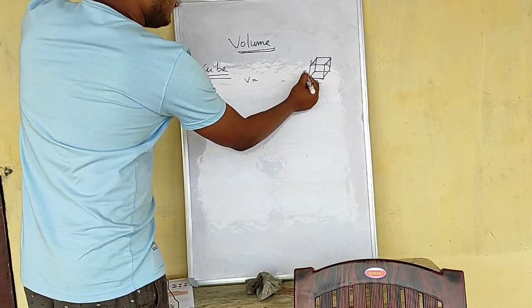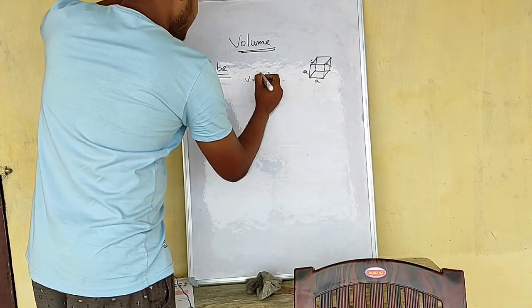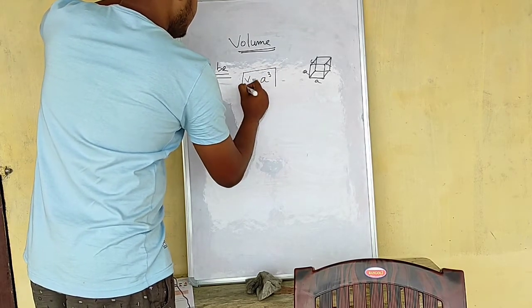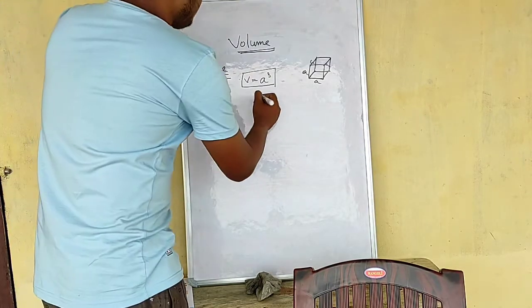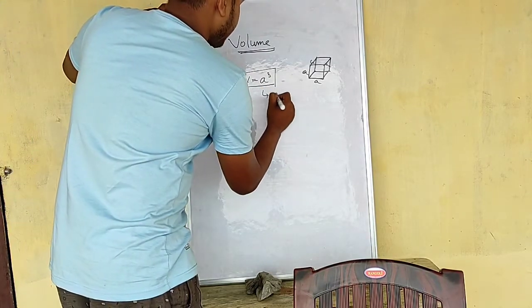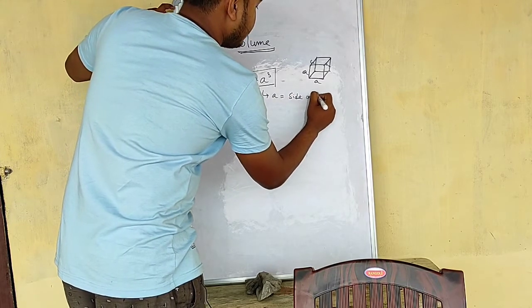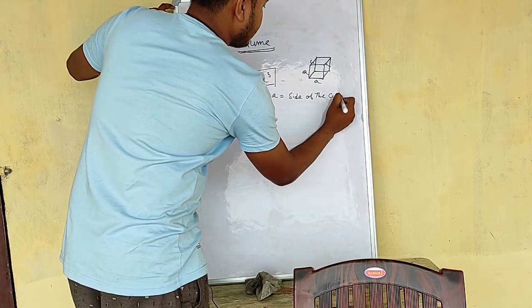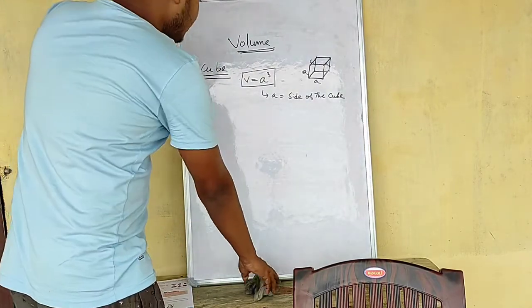Here all sides are equal in length, so volume will be a cube. And this is the volume of a cube, and here a is what? Side of the cube. This is the formula for volume of a cube.